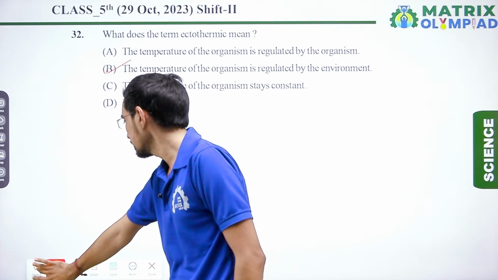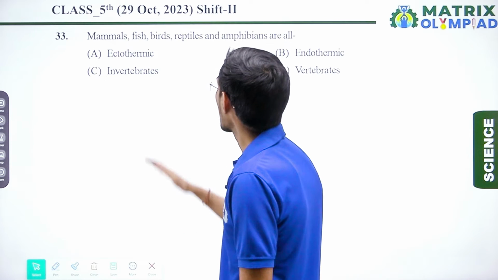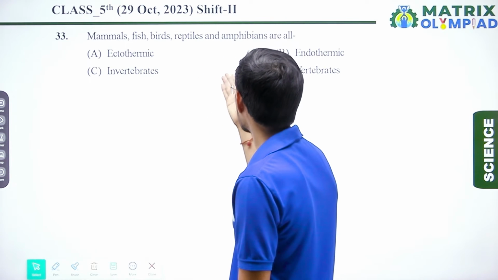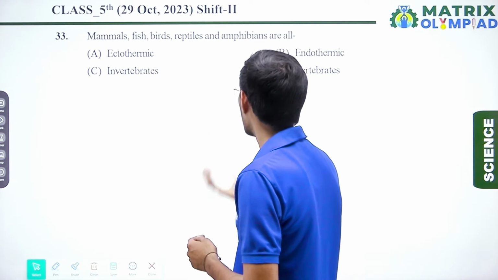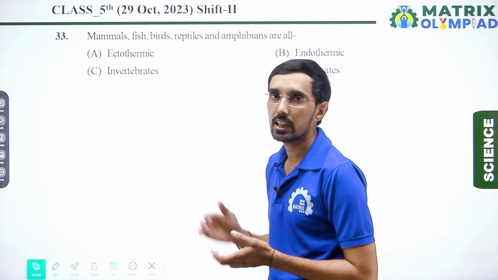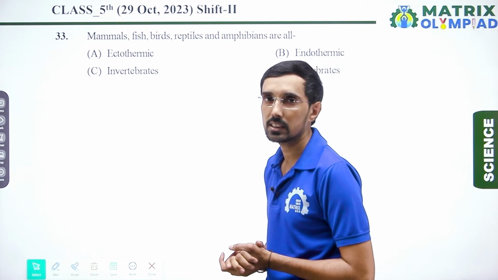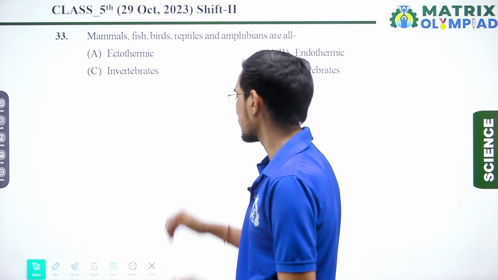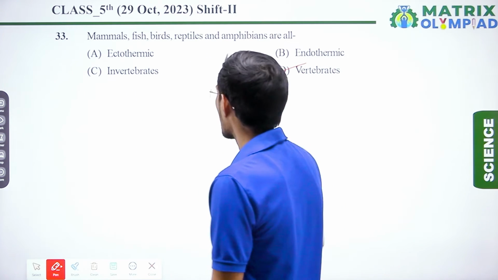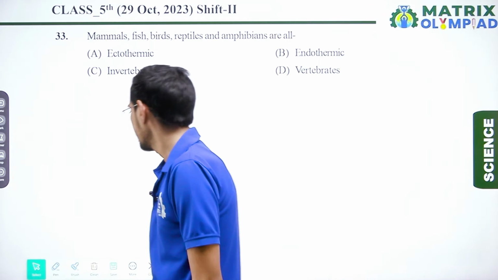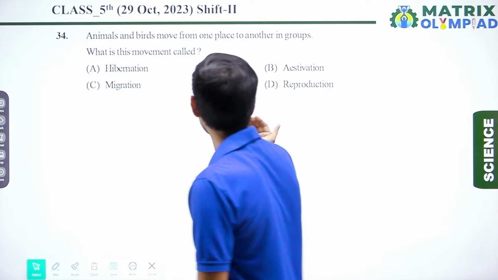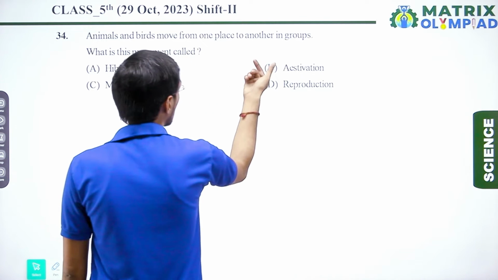Next question is, mammals, fishes, birds, reptiles and amphibians, all of these belong to the vertebrates because they have spinal cord as well as notochord. So our correct answer will be option D. Next question, animals and birds move from one place to another in groups.